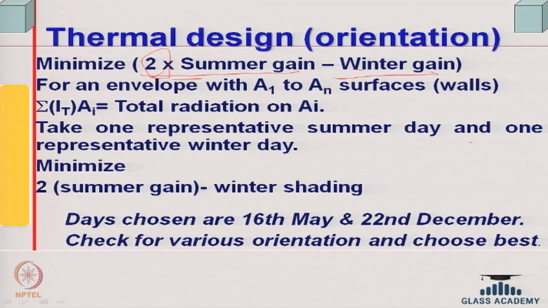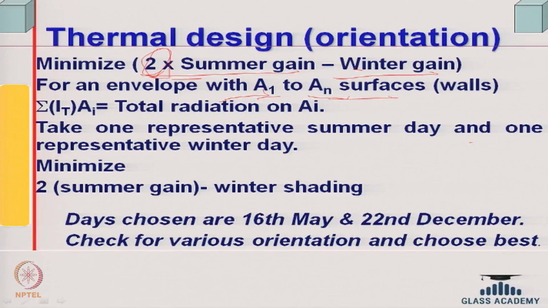But then I put a weightage factor of at least 2 here, because the more I reduce the summer gain, the more I will save on the cost. So, for energy efficiency, this is a good idea. So, for an envelope with surfaces A1 to AN, let us say walls, the roof won't matter as far as orientation is concerned, as long as my floor coverage is the same.